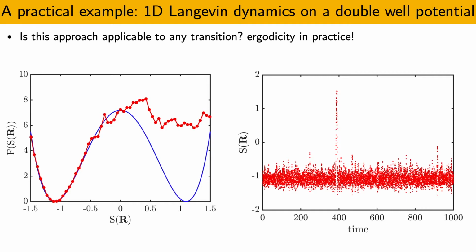The first set of enhanced sampling methods that we will discuss in this series of videos is based on the introduction of a bias potential. It's not the only possibility, but it's a subset of this type of methods.